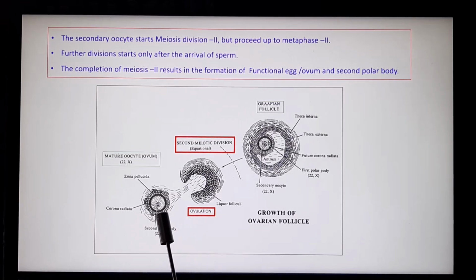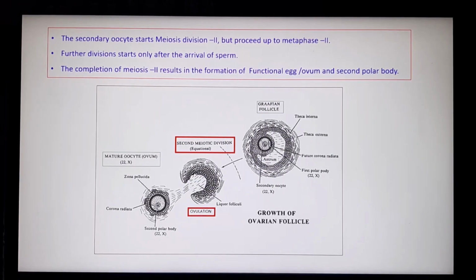The next stage is that the mature oocyte or ovum undergoes the completion of meiosis II, division II, and it is also an unequal division that results in the ovum and the second polar body.